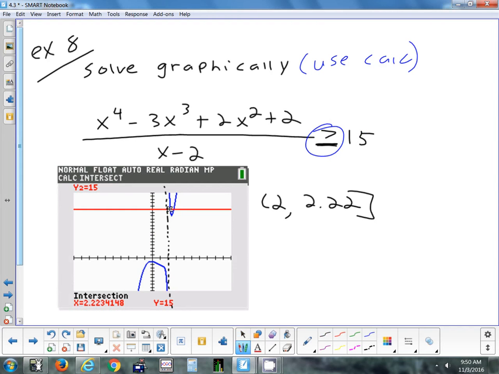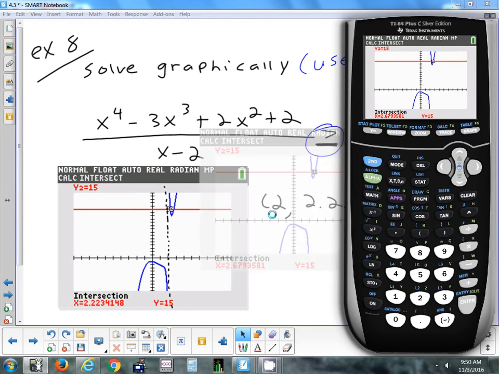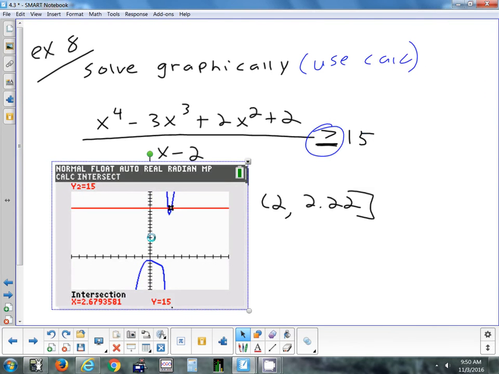And I need to see where it crosses again. So that one is from 2.67, including it. And how high can I go for my x values from there? Infinity. I could just keep heading to the right, and this graph is always going to stay above the red line.